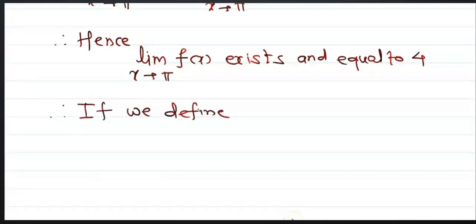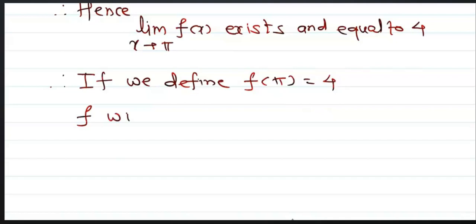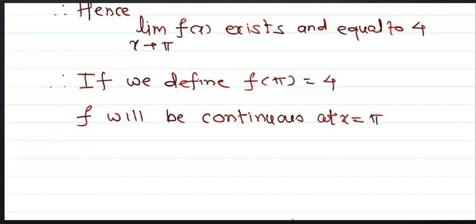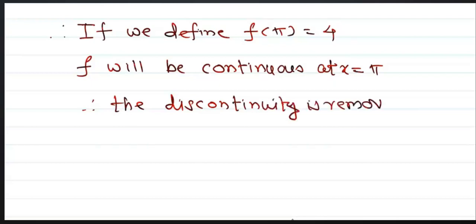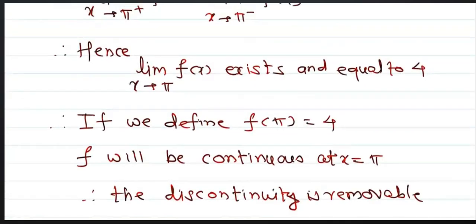If we define f of pi is equal to 4, then the given function will be continuous at x is equal to pi. The discontinuity is removable here.